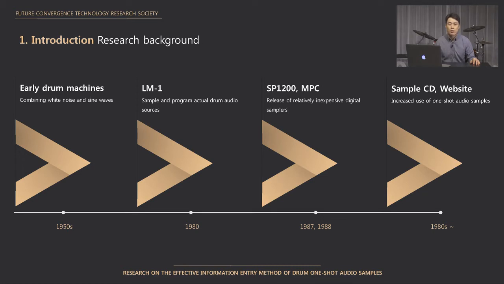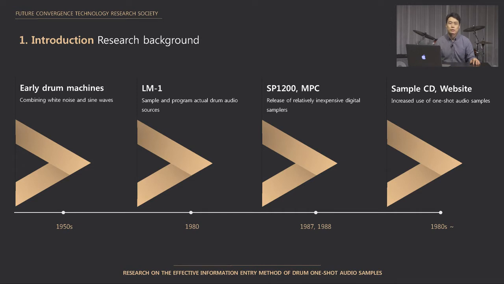Since then, high-quality audio sample CDs, such as E-mu's Proteus Pack, Akai's MPC drum kit, and Vengeance sample packs have been released, allowing popular music producers to produce music using audio samples more easily. Also, with the appearance of audio sample CDs, one-shot audio samples that can be used immediately without a separate editing process have been popularized.